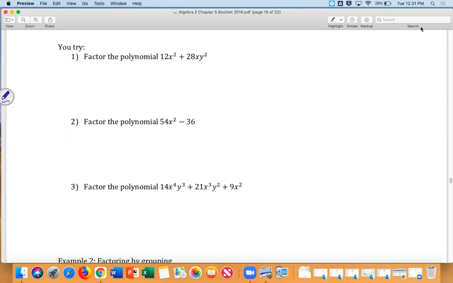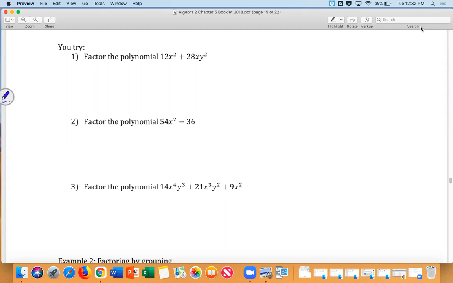You got it, Jack? Because look, they don't have anything left. 3 and 7, nothing can go into that. This one doesn't have a Y. No one does. This one has X's, this one doesn't. You're good.